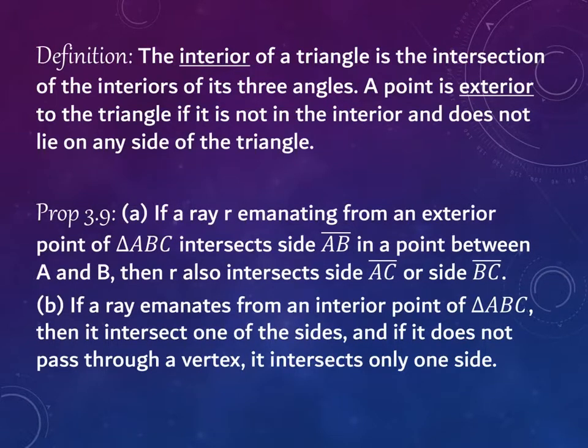Proposition 3.9 says the following: if we have a ray emanating from an exterior point of triangle ABC, and it intersects side AB between A and B, then it will also intersect either side AC or side BC. I'm going to attempt to do a picture of that while you're jotting that down.